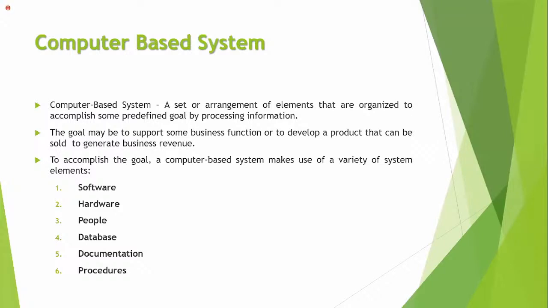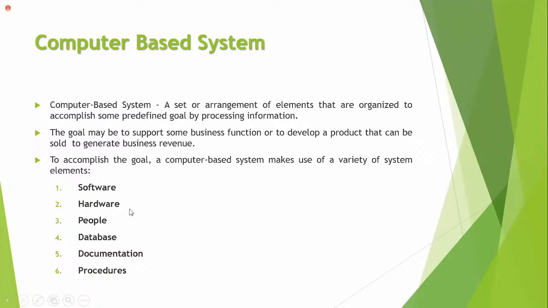To accomplish the goal, the computer-based system makes use of a variety of system elements. What are all the things a computer-based system needs? Software, hardware, people, database, documentation, procedures. Software means the area which we are going to work on.